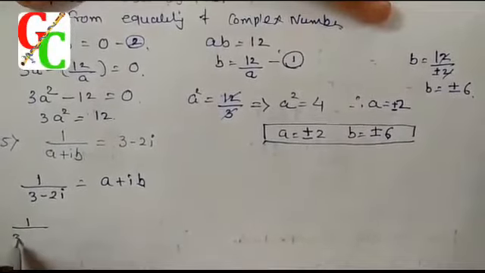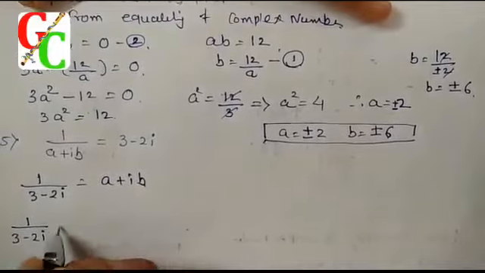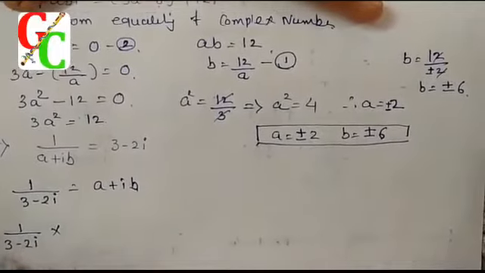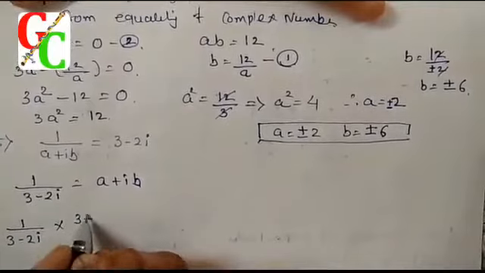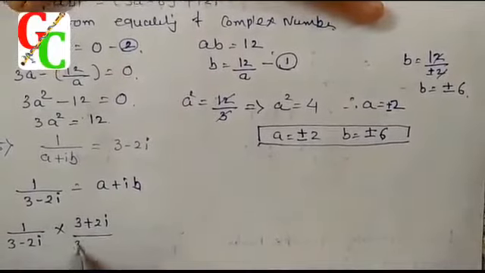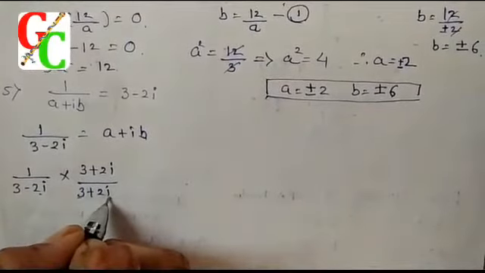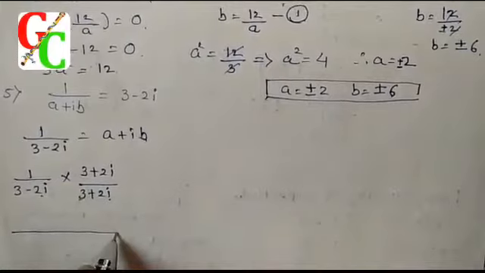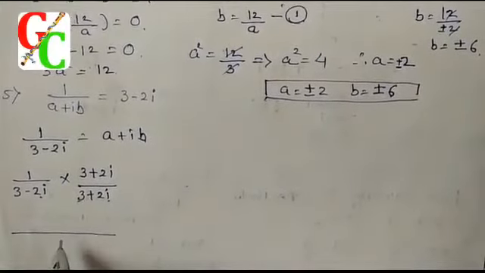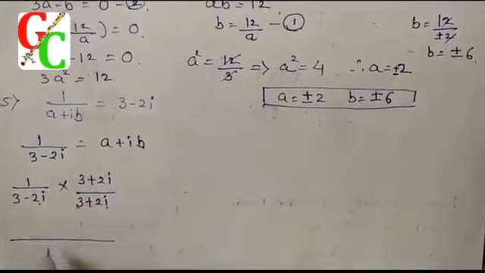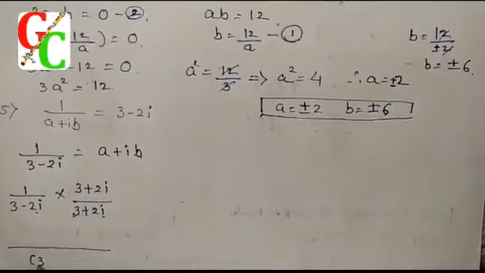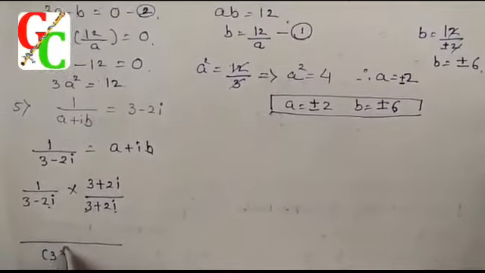So 1 upon 3 minus 2i into the conjugate, which is 3 plus 2i. We use a minus b and a plus b is equal to a square minus b square. So first we write in a square minus b square form.